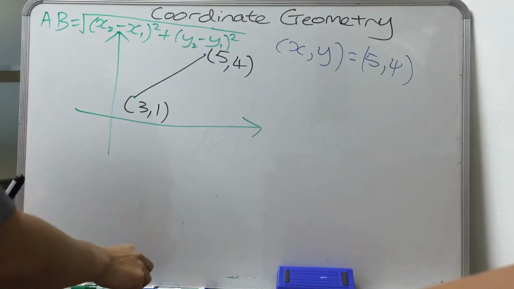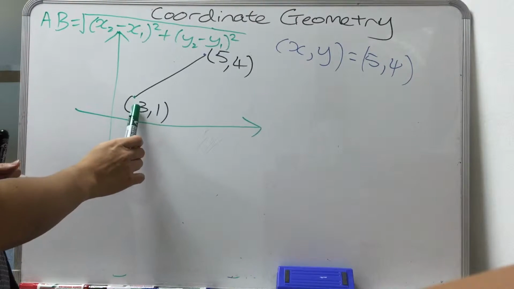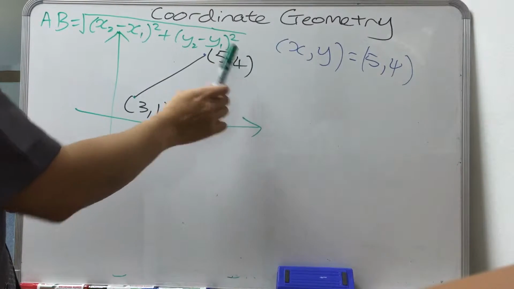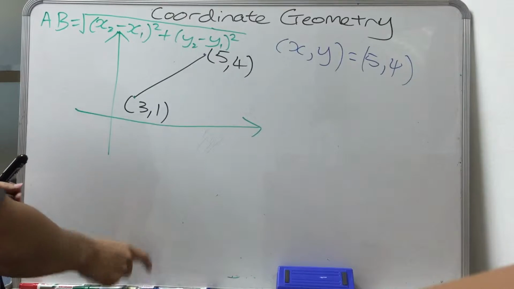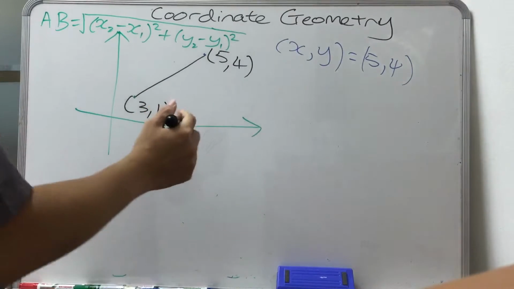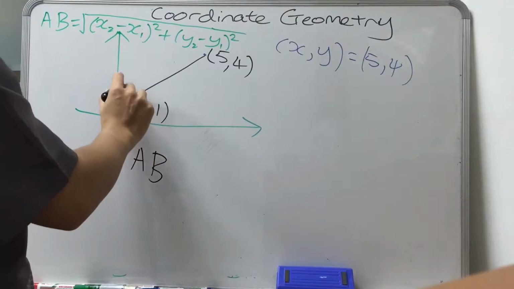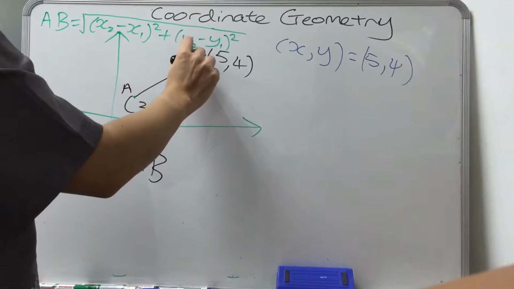So what are the x1 and x2 over here? Let's say this is x1, this one is y1, this one is x2, and this one is y2. To find the length of this line, let's call it AB.